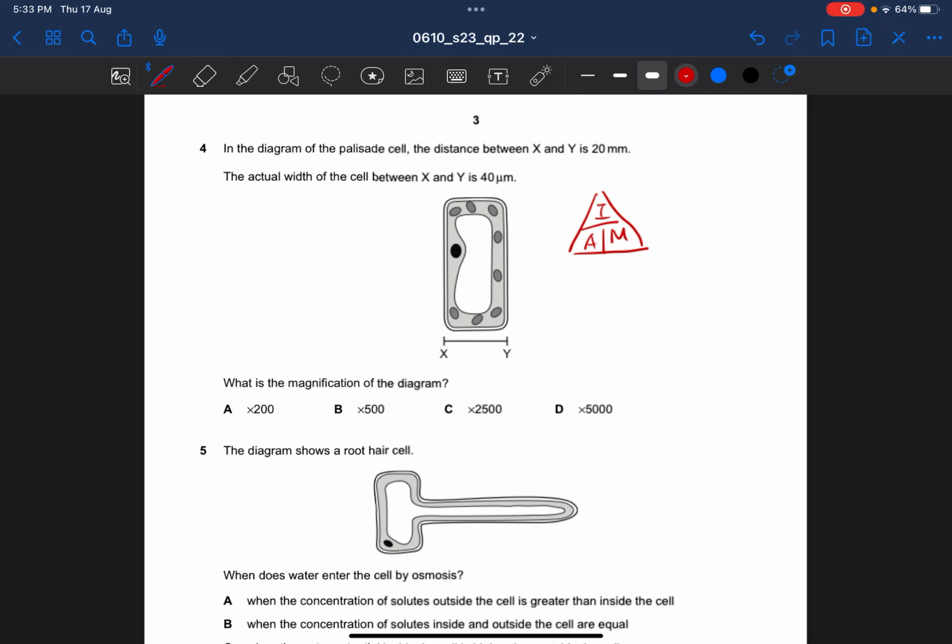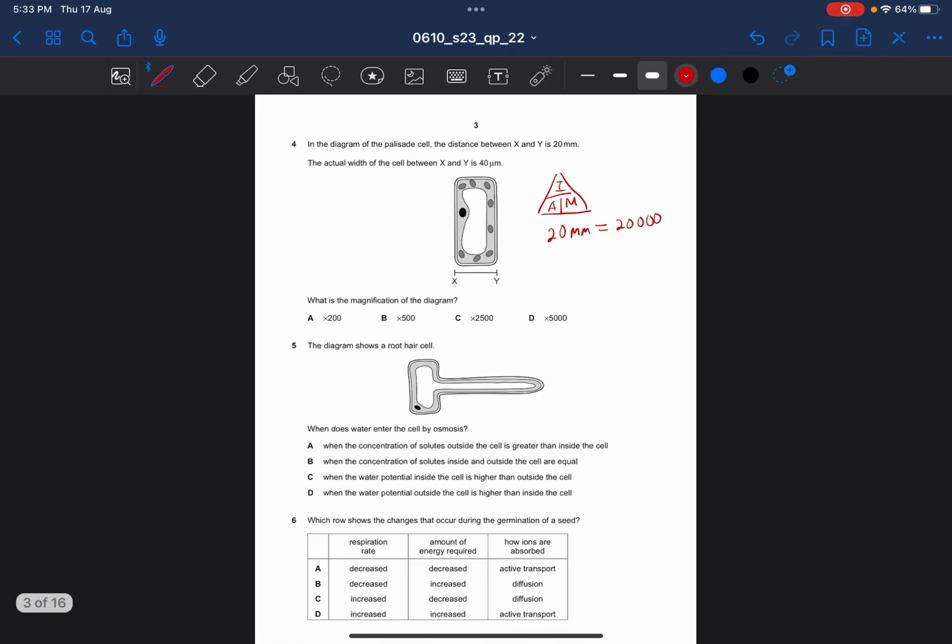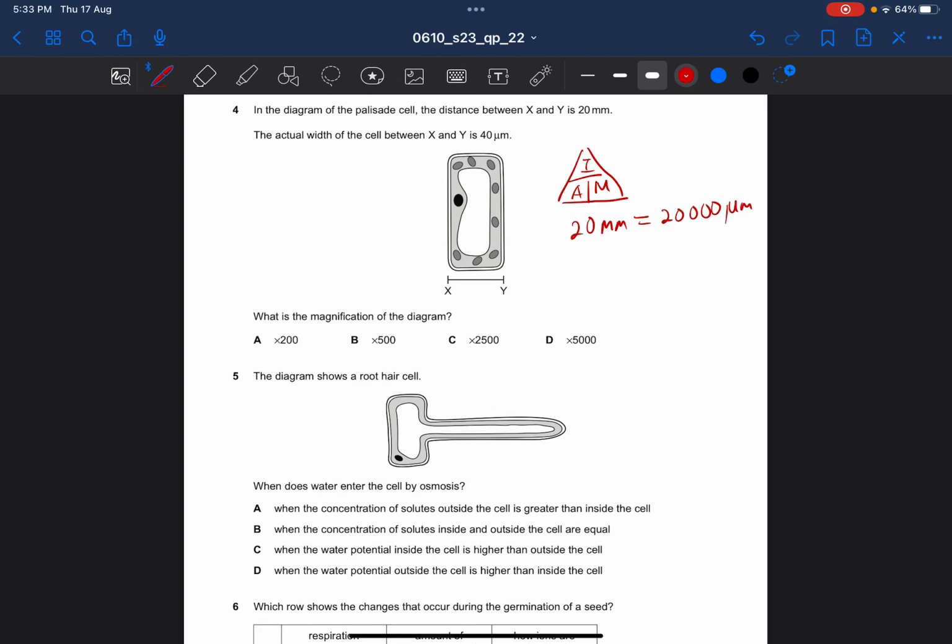So 20 mm is equal to 20,000 micrometers, and then you divide 20,000 by 40, you get 500. So the answer is B.